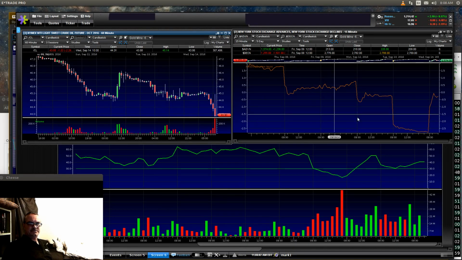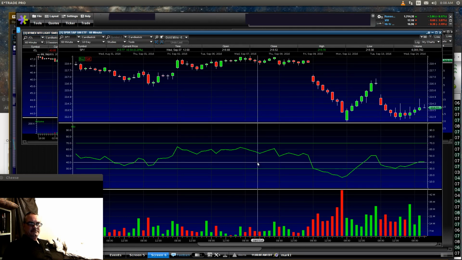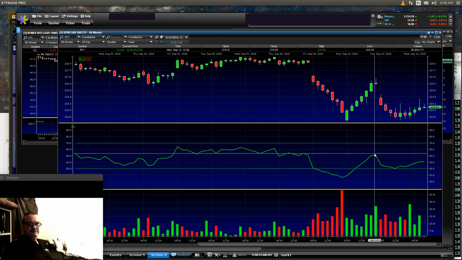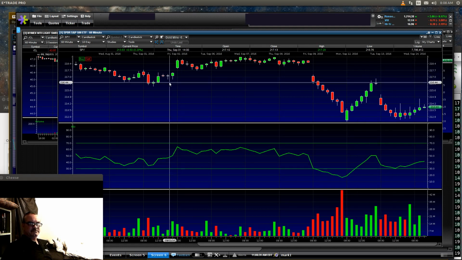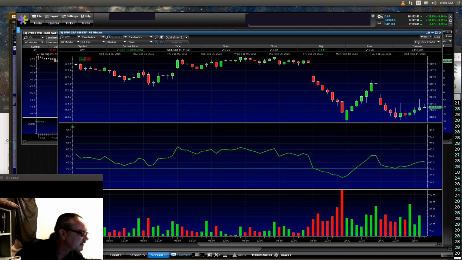Interesting. So our advancing line is picking up. 60-minute chart here with relative strength. Nothing interesting really in divergence from the RSI. One thing I do want to check, I'm looking at my stream window, and well, it is what it is.